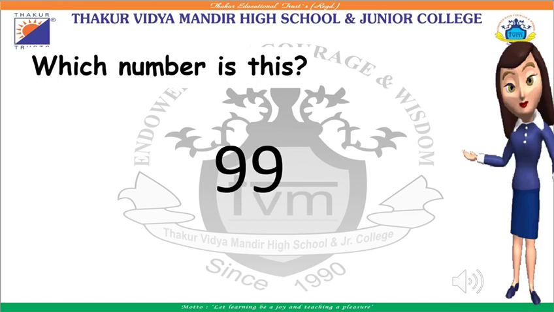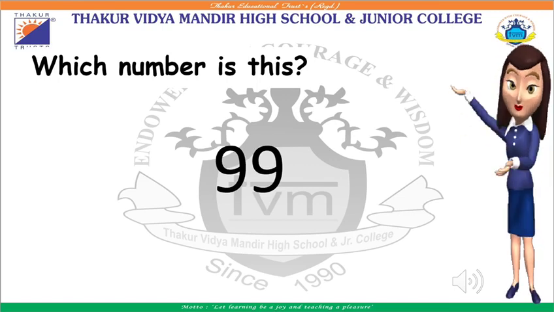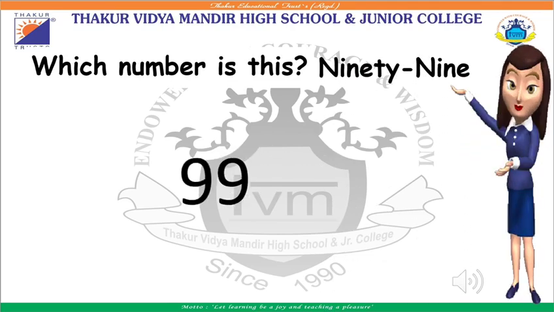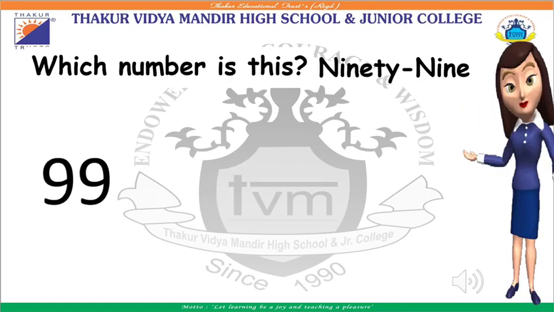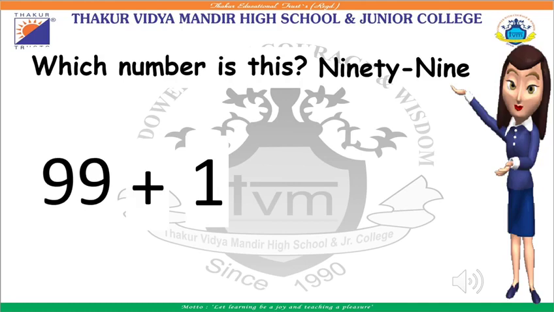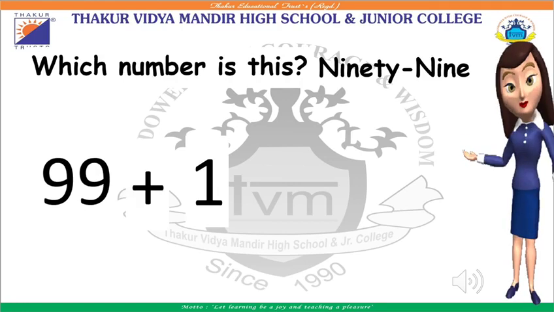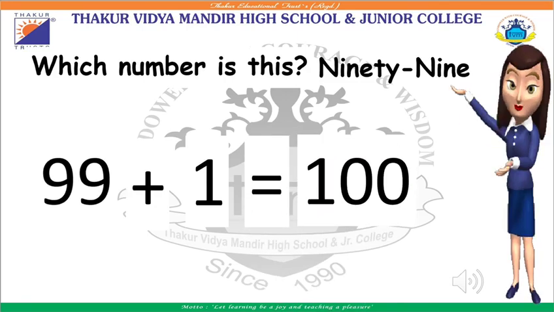Here I have a number on the screen. Which number is it? Yes, the number is 99. This is the largest 2-digit number. Now, if I add 1 to this number, that is 99 plus 1, I will get 100.